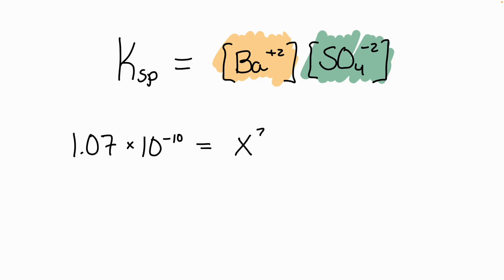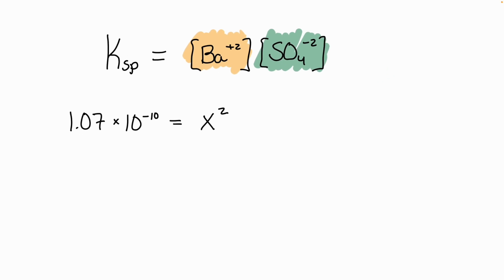X times X is X squared. So then we're going to solve for X by doing what to both sides? Taking the square root.